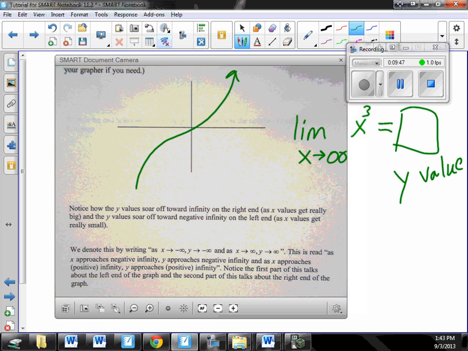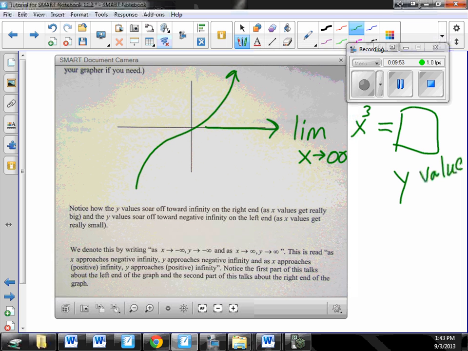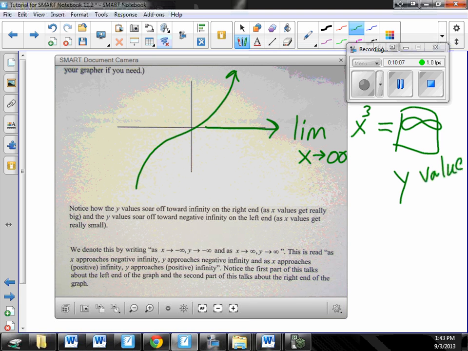If we go forever to the right, what would our y value be? Positive infinity because it's going up. So the limit as x approaches infinity of x to the third is infinity, because as x gets bigger, y gets bigger.